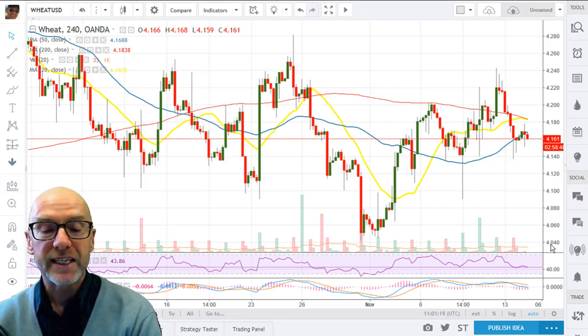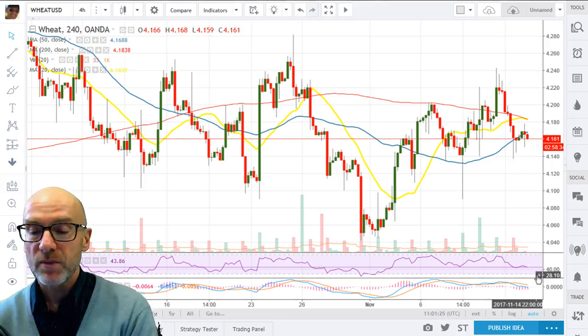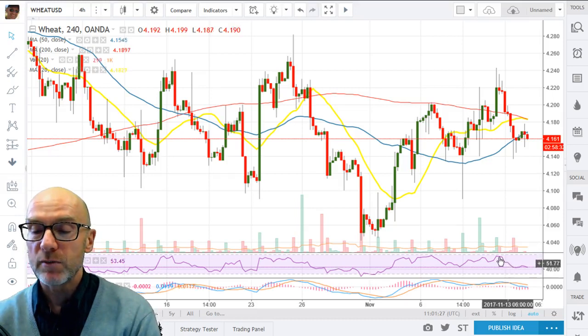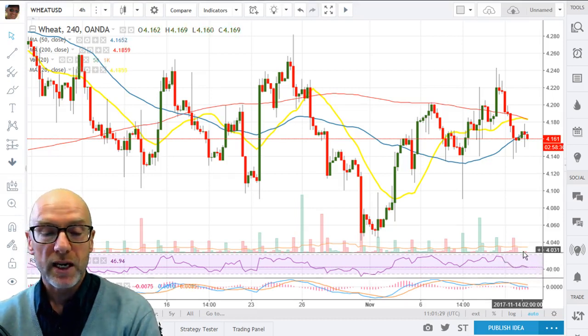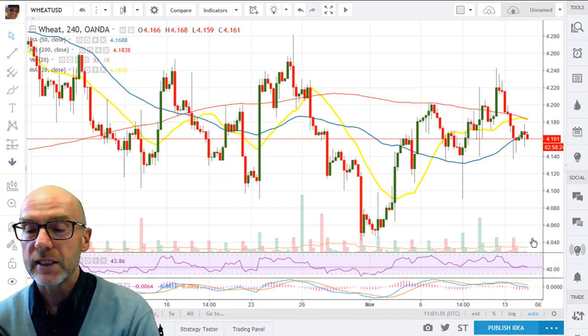Momentum is again negative. The RSI is down at 43.86 and indicating negative momentum as it's in a downtrend, and the MACD, the short term, tracking below the longer term, indicating negative momentum, and they're very close to zero.